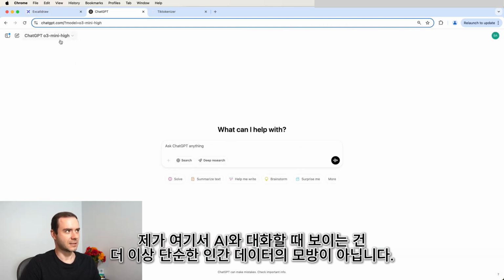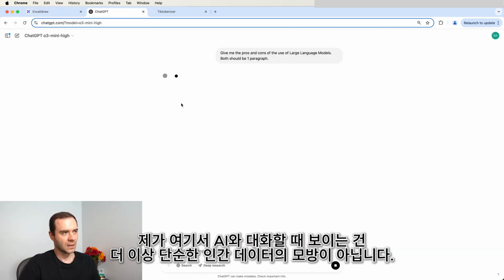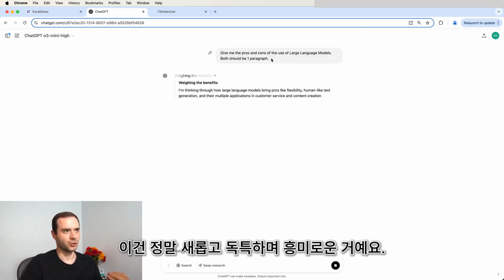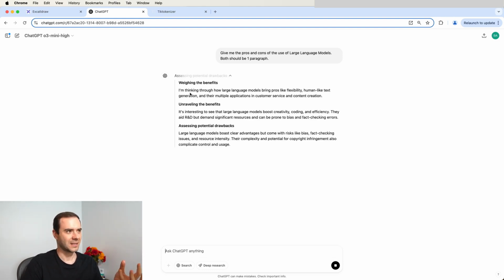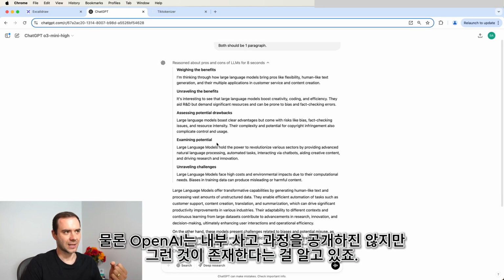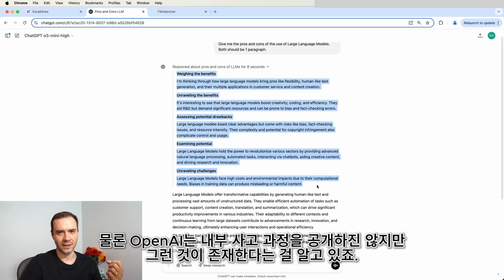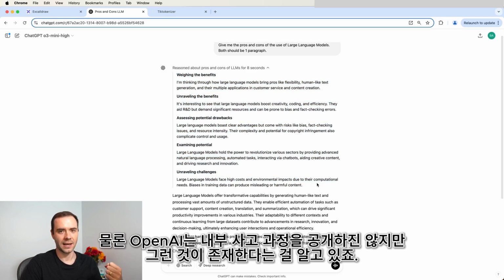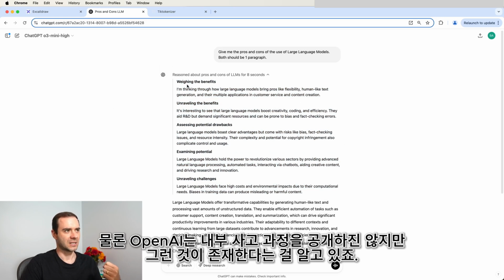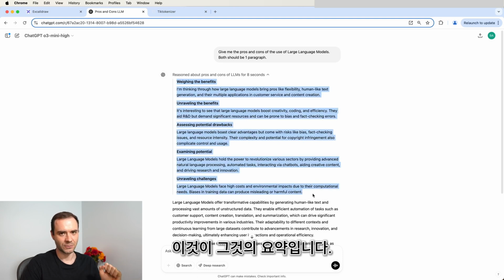So when I come here and talk to a thinking model and put in this question, what we're seeing here is not anymore just a straightforward simulation of a human data labeler. This is actually kind of new, unique, and interesting. And of course, OpenAI is not showing us the under-the-hood thinking and the chains of thought that are underlying the reasoning here. But we know that such a thing exists, and this is a summary of it.